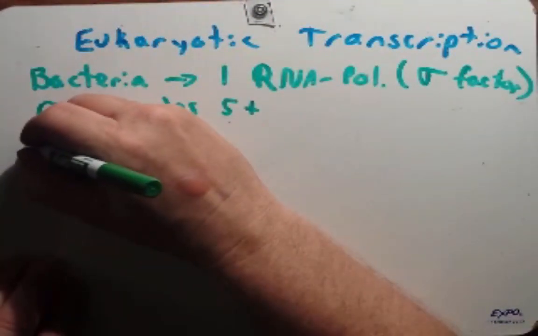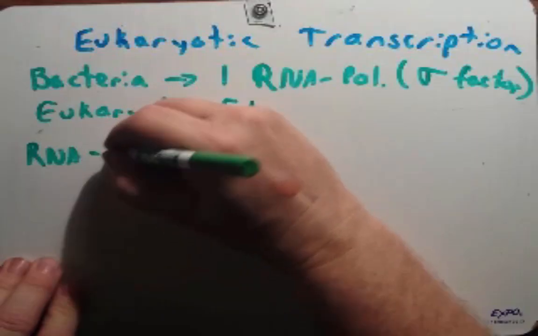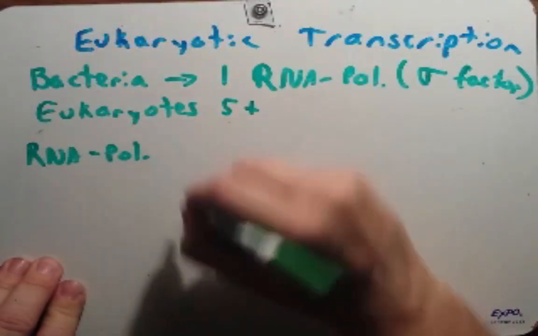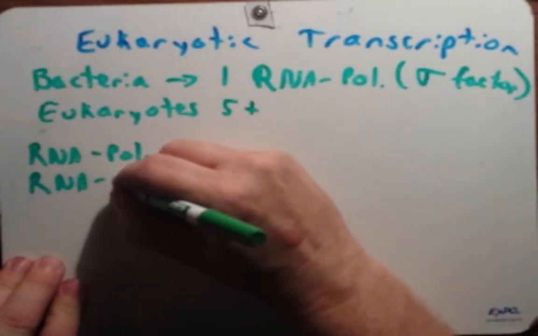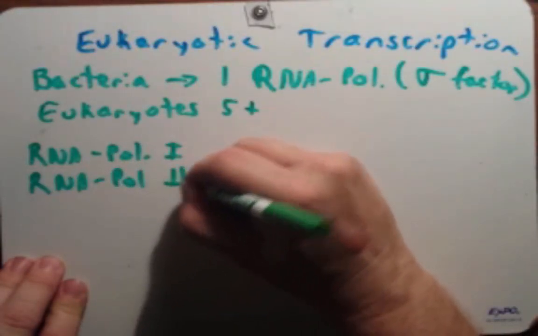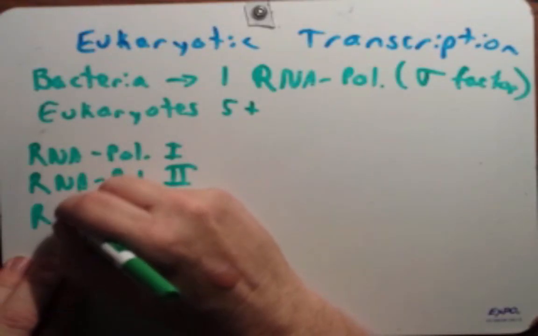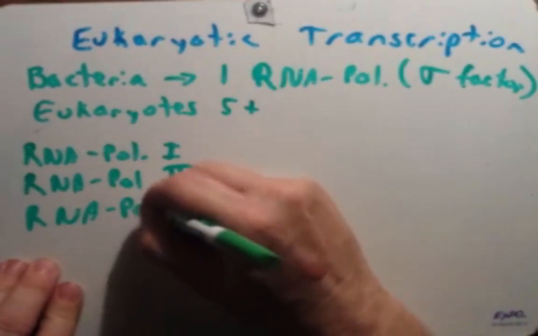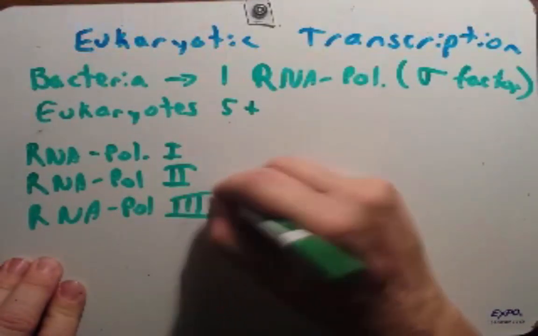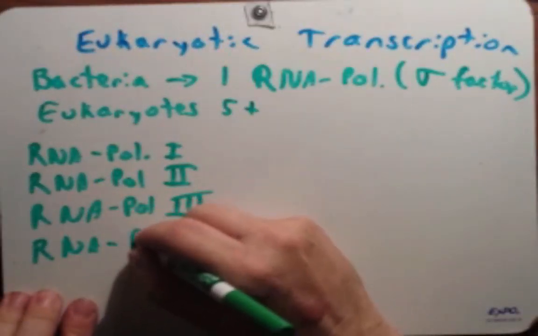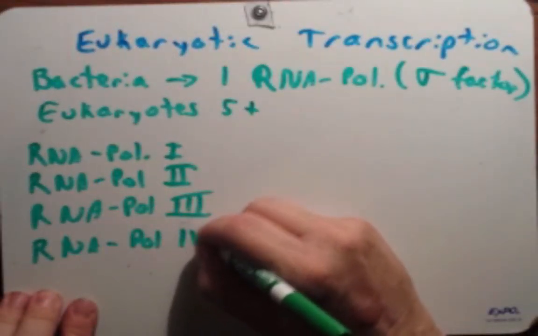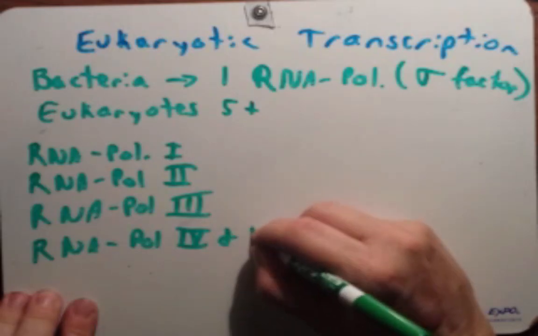The first one is RNA polymerase 1. Second one, RNA polymerase 2. And RNA polymerase 3. And these next two I'm going to lump together, RNA polymerase 4 and 5.